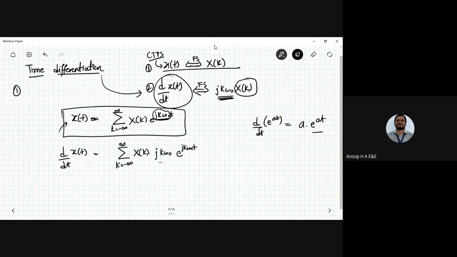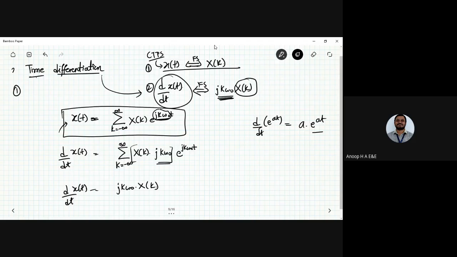So I'll be having the entire term in the brackets. You can write it as j into k into omega naught into x of k. Simple proof, that is d by dt of x of t.